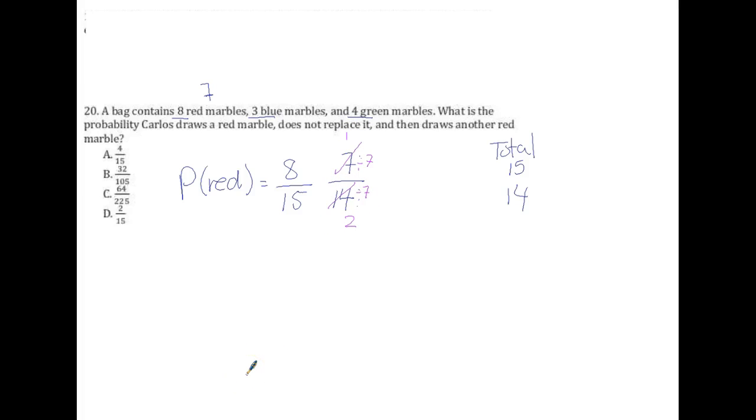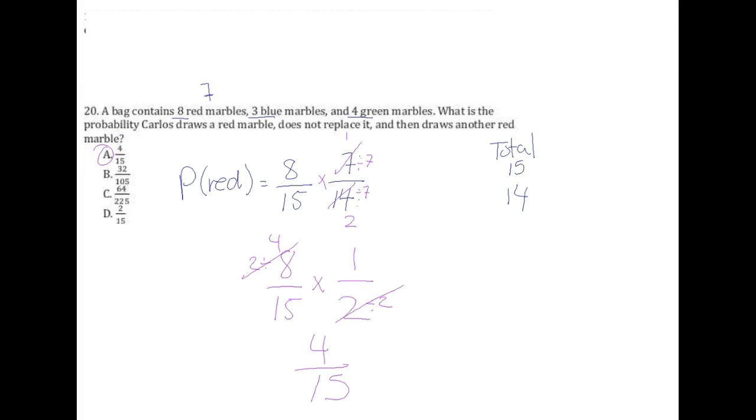So you're going to get 8 over 15 times a half. You can also simplify: divide by 2, divide by 2. So that's a 1, that's a 4. So the answer is 4 over 15. And that's the answer, which is A.